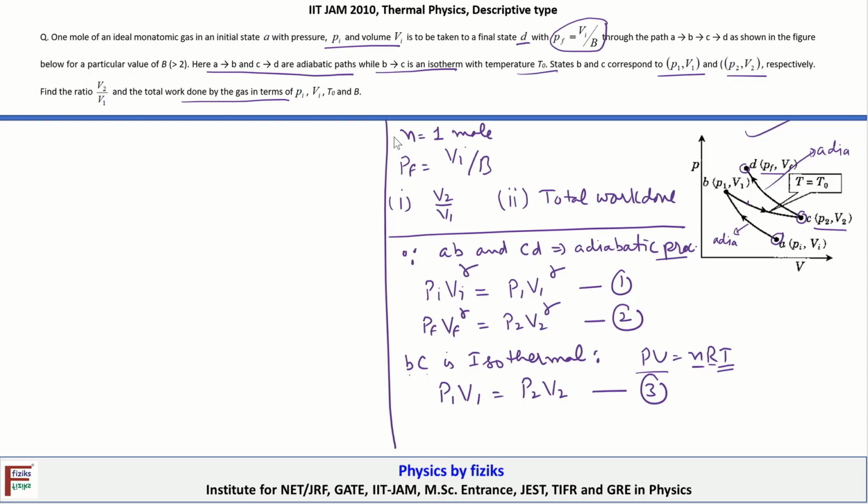From equations 2 and 1 we can obtain V2 by V1 by simply dividing equation 2 by equation 1. So let's do that. Basically we are now finding the solution for part 1.